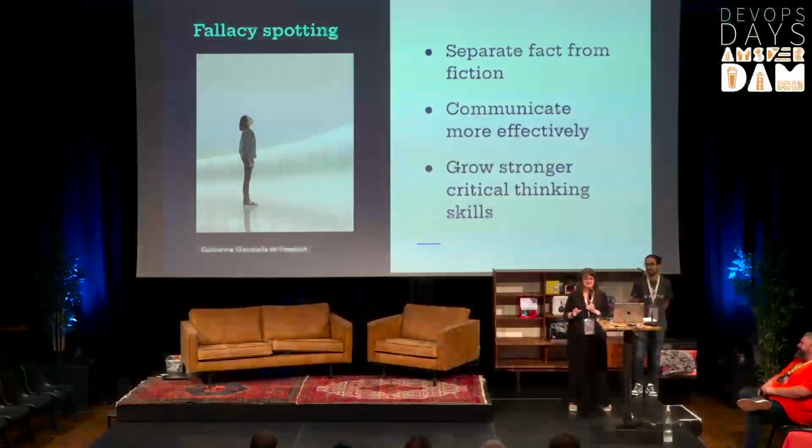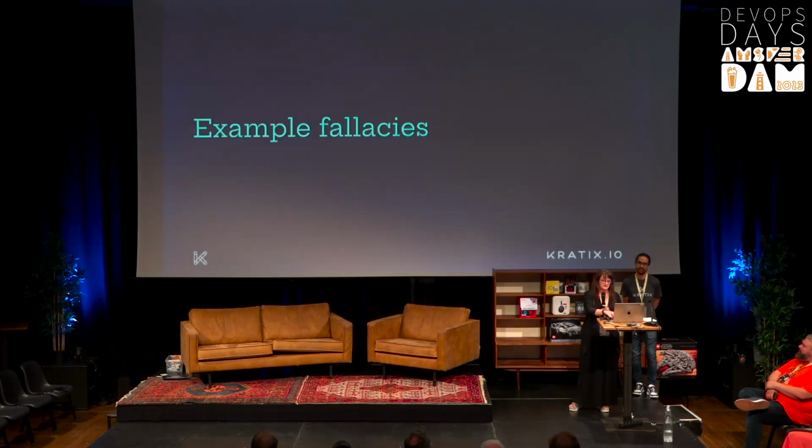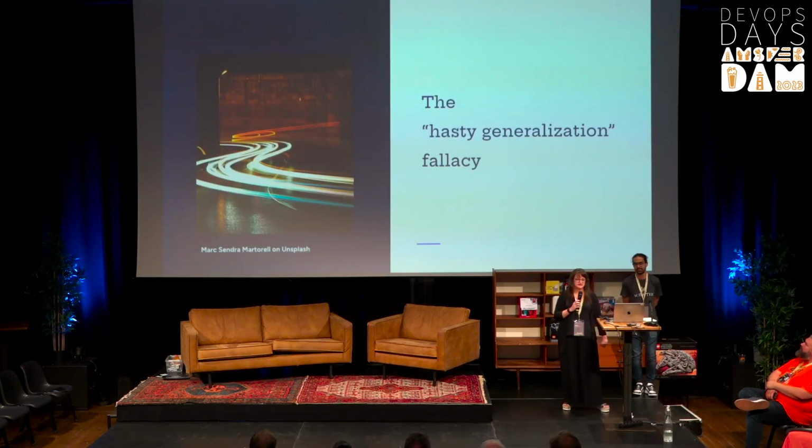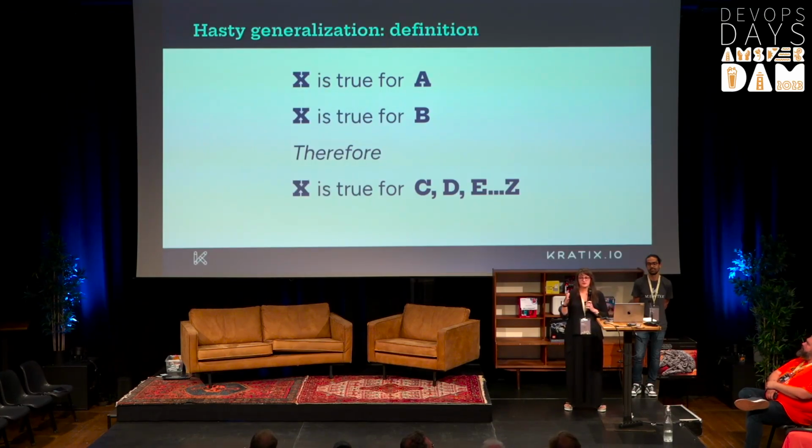So from that, we're talking about a whole bunch of the most common fallacies, and we'll go through a general example just to explain what it is, and then we'll apply it to platform engineering. So the first example fallacy is what's known as the hasty generalization fallacy, and goes like this.